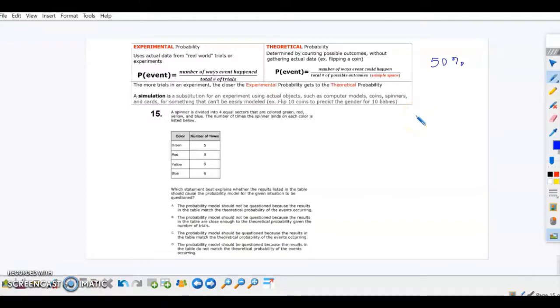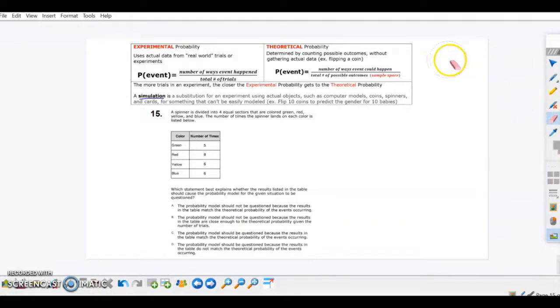It's probably going to be pretty far from 50% of the times that you're going to get a heads. However, if you were to flip a coin 5 million times, which is possible to do in something called a simulation, chances are it's going to be very close to 50% of the times because you have a lot of trials.